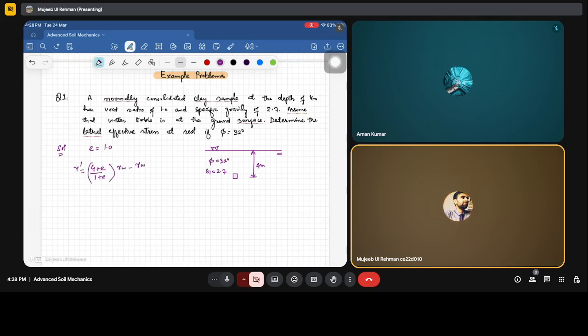Gamma w we can assume as 10, so gamma w is equal to 10 kilonewton per meter cube.